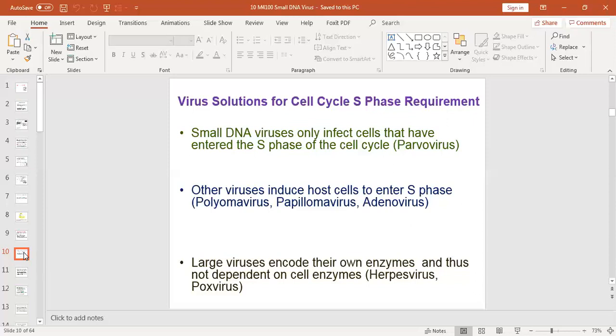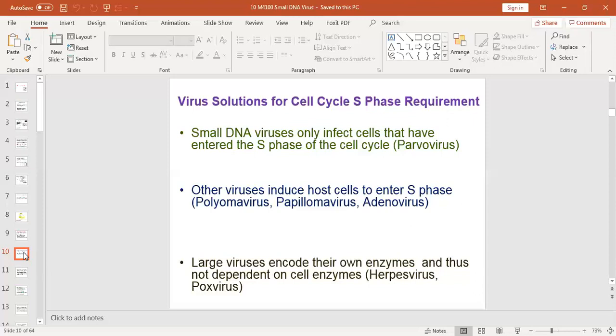Other viruses, such as adenovirus, papillomavirus, and polyomavirus, once they infect the host cell, force the host cell to enter S phase, and then they can hijack the machinery. And the third solution is that some large viruses, such as herpesvirus or poxvirus, bring in their own enzymes. Therefore, they are not dependent on host cell enzymes.